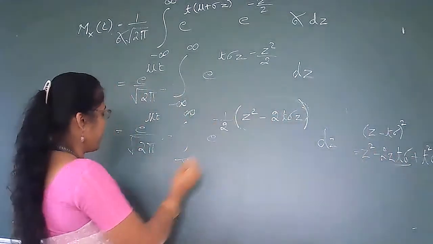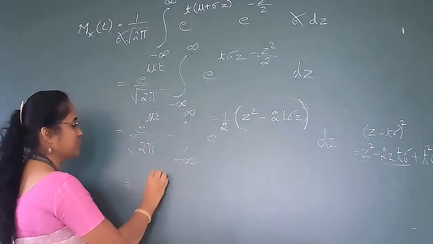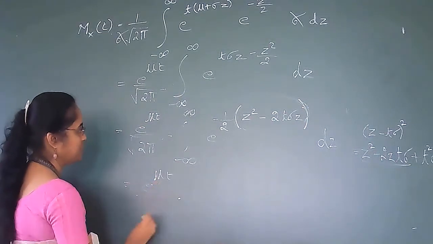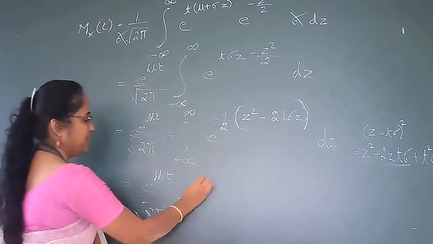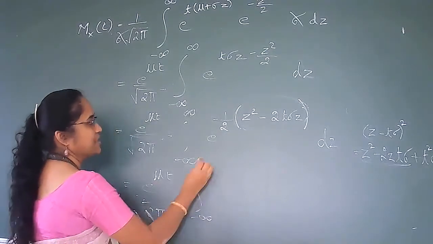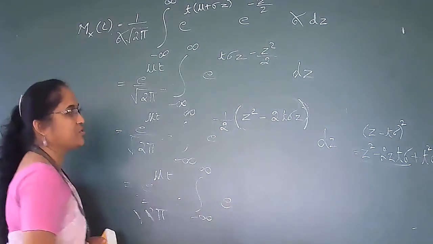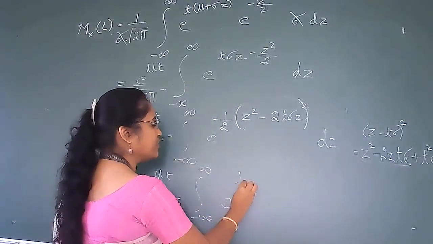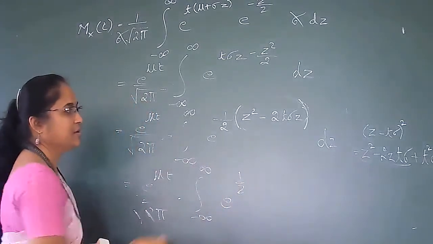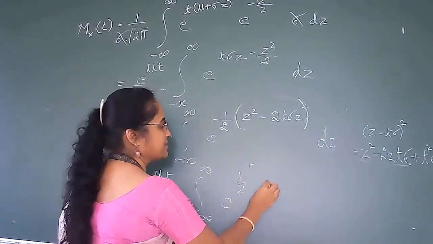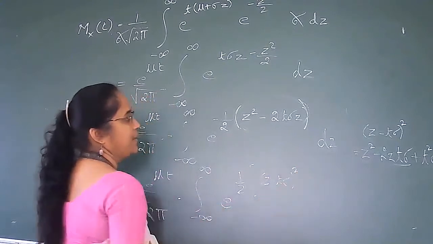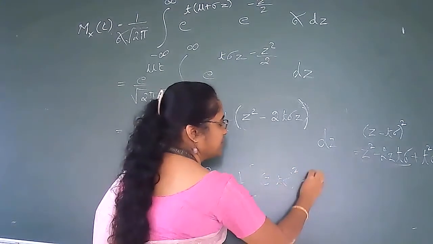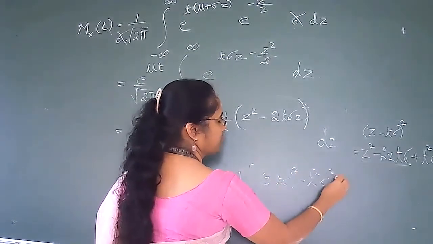So I can write this as e raised to mu t upon root 2 pi, the integral from minus infinity to plus infinity of e raised to minus 1 half power, and I'm going to write this as (z minus t sigma) the whole square minus t squared sigma squared.